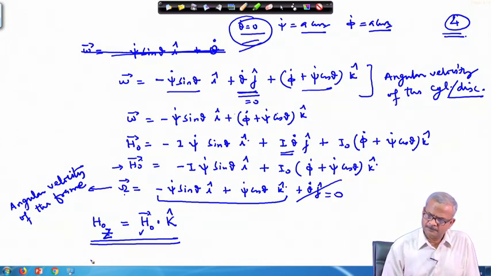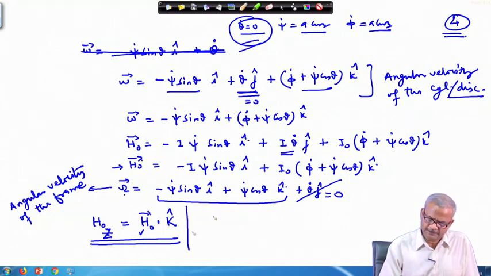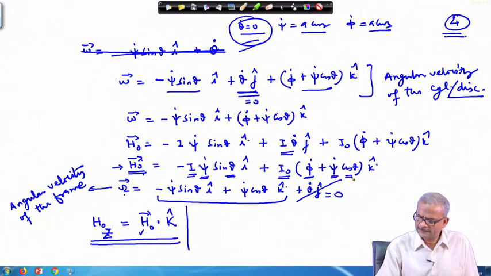Okay, so, a few more things we can write here. If you look at this equation, the angular momentum equation, I is a constant, psi dot is a constant, theta is a constant, I 0 is a constant, phi dot is a constant, all these are constant.